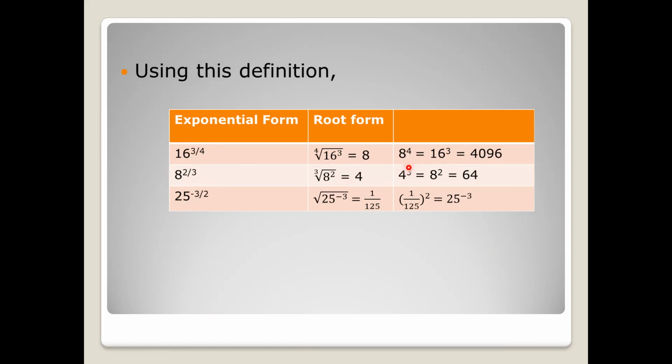Why? Because 4 to the power of 3 is 8 to the power of 2, that is 64. Here in the last example, we have 25 to the power of minus 3 over 2, which is the square root of 25 to the power of minus 3. That is 1 over 125, because 1 over 125 squared is 25 to the power of minus 3.